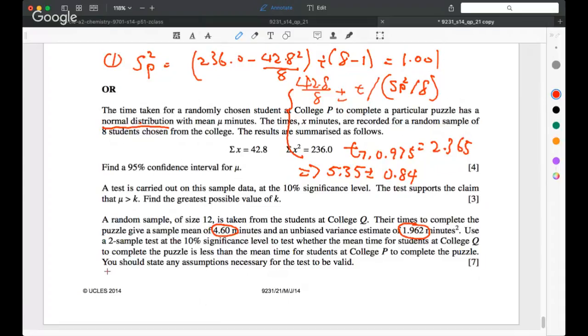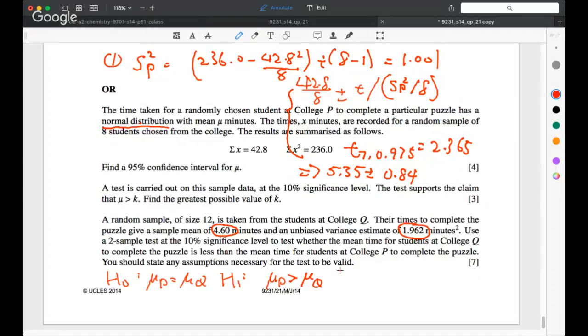And the null hypothesis in this case is that the mean is the same, mu P equals mu Q, and the alternative hypothesis is that the mean of P is greater than the mean of Q.